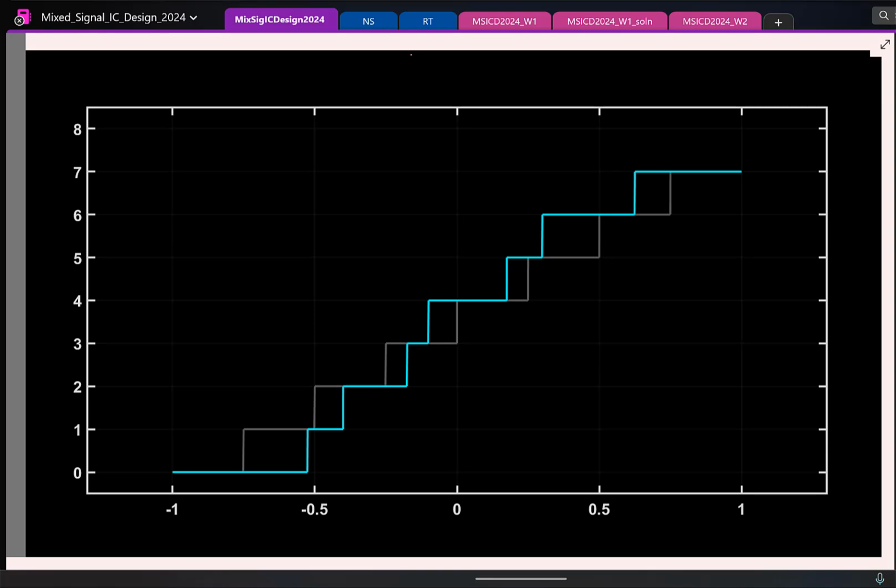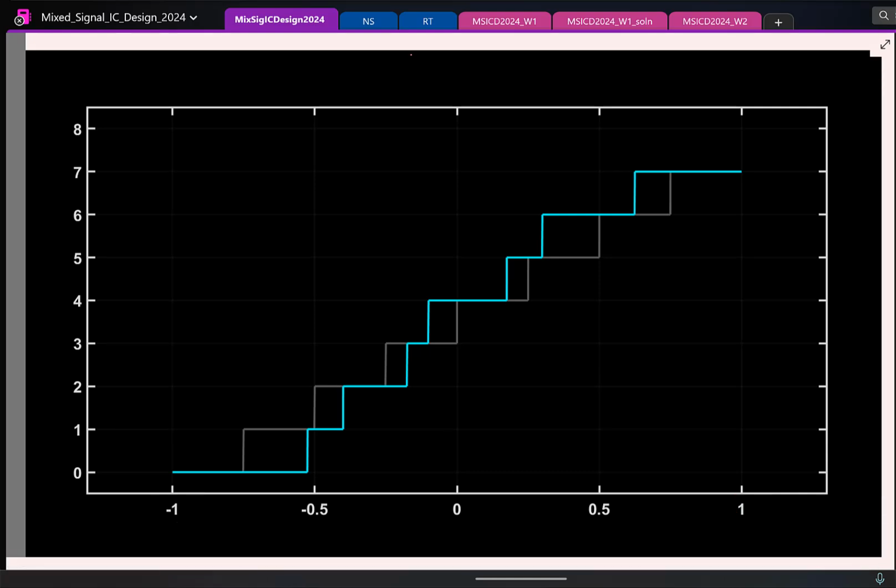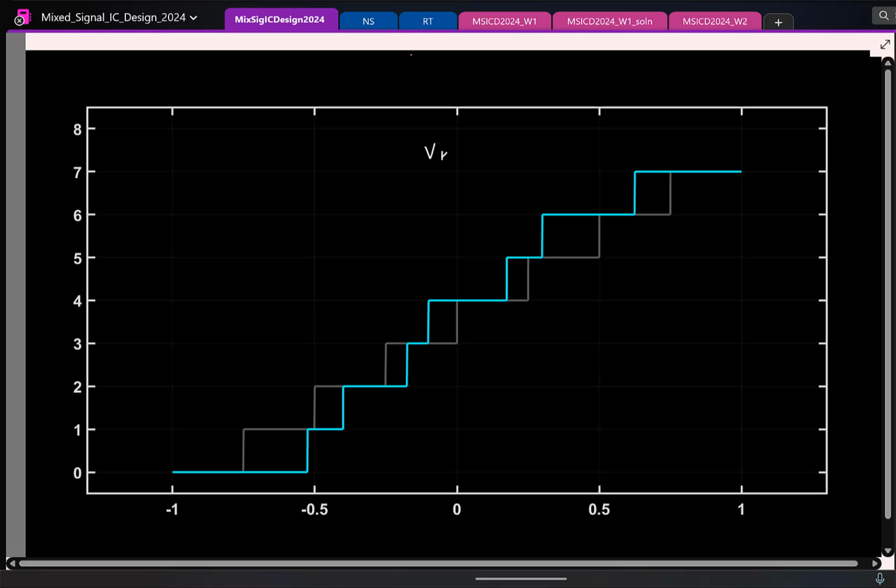If I were to sketch this blue characteristic, that is the non-ideal quantizer characteristic, in addition to the fact that my full scale range is -1 to 1, what is the information I will need to plot this characteristic? Yeah, with the transition voltage I can do it, or what else can I use? The delta for each code. Either of them is enough to sketch the characteristic, right?